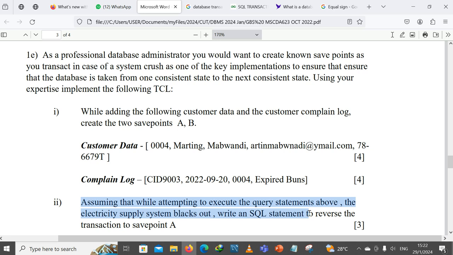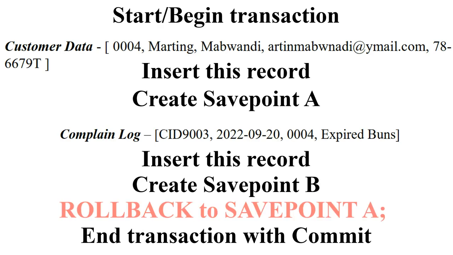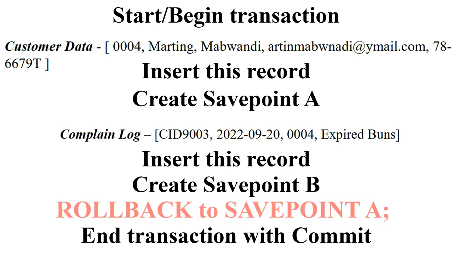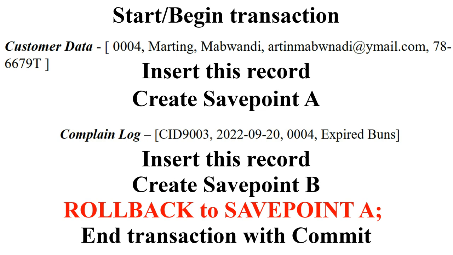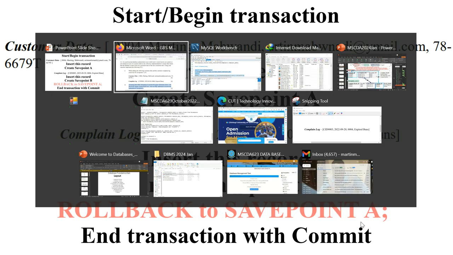Write an SQL statement to reverse the transaction to save point A. So it's more like we want to roll back. So we put this rollback statement just before commit, right? Rollback to save point A. That's what we are supposed to put here.